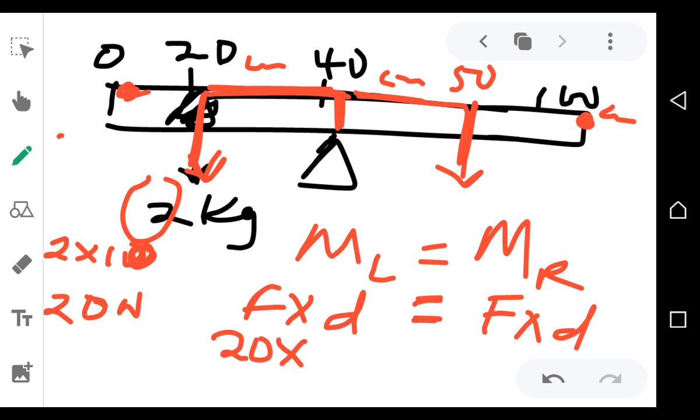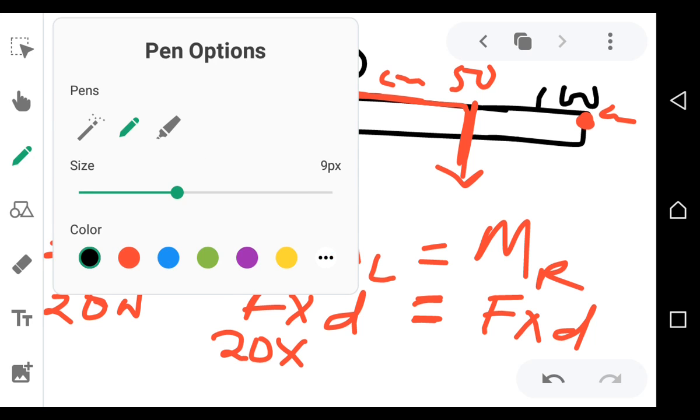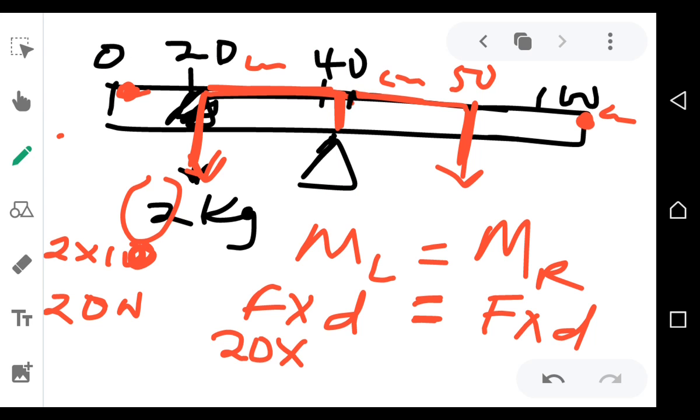From the pivot to where the 2 kg is acting: here it's 40, there it's 20, so 40 minus 20 is 20. So the 2 kg is acting at a distance of 20 from the pivot.